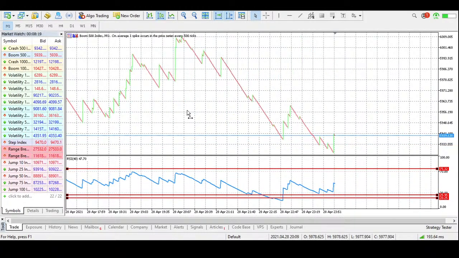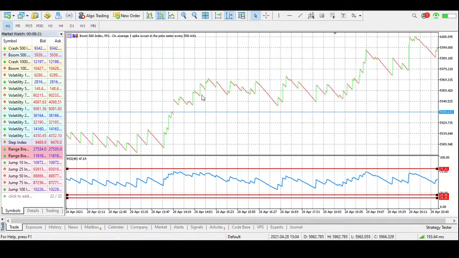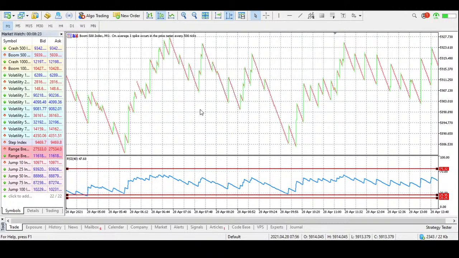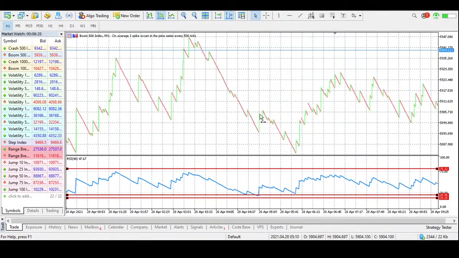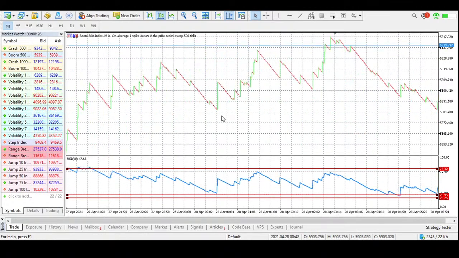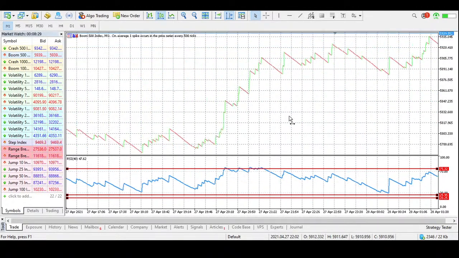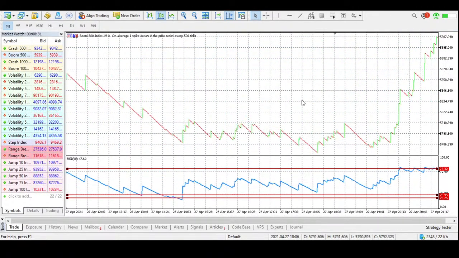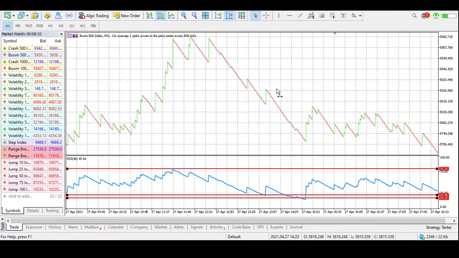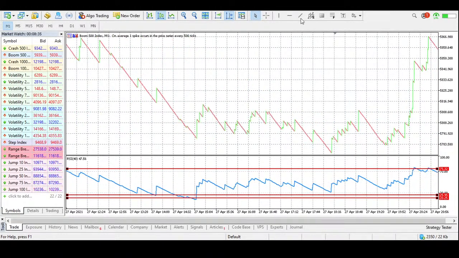Then I also look at the action of the candles. For instance, I want to look for a solid good one. What do you see here? You see a trend here, you see a consolidation.